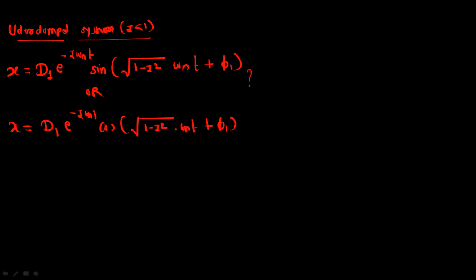You can use any one equation as a general solution for x, and by taking the given boundary conditions, you can find out the exact value of d1 and this constant phi 1.